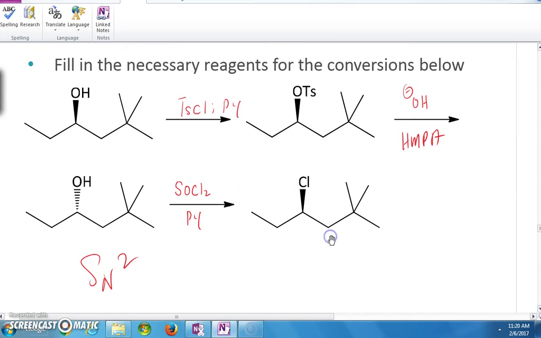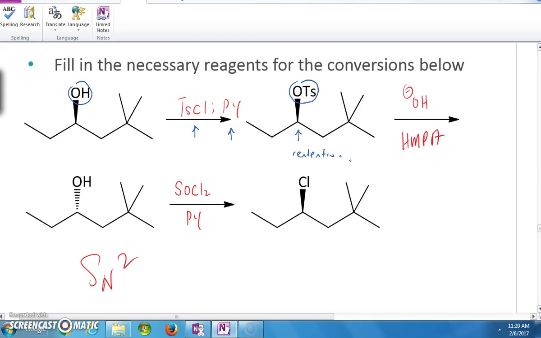And I've done this just to save time. If they fill in the necessary reagents, you can see here that the OH has been converted to a tosyl group. Basically how you did that was with tosyl chloride and pyridine. Notice that there's retention of configuration. It doesn't affect the stereocenter.